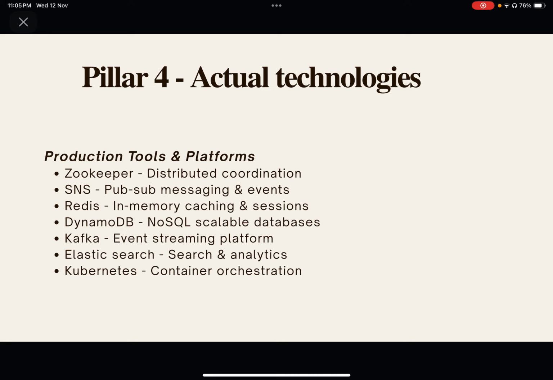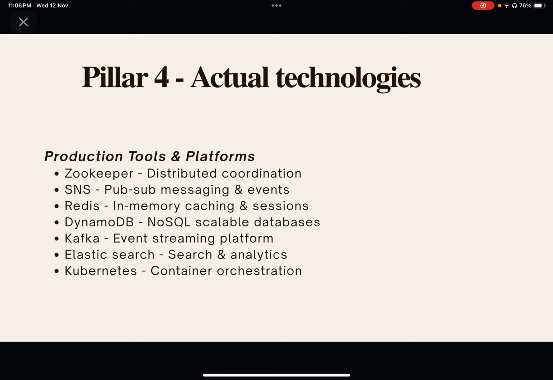Then actual technologies. These are the specific tools and platforms used in production environments. The previous pillar covered concepts like cache or message queue, but this pillar gets specific. Redis is a popular in-memory store for caching. Kafka handles distributed event streaming. DynamoDB is AWS's NoSQL database for scalable storage.